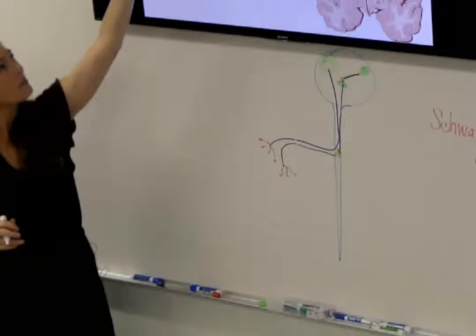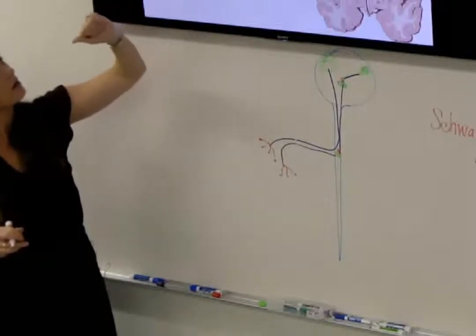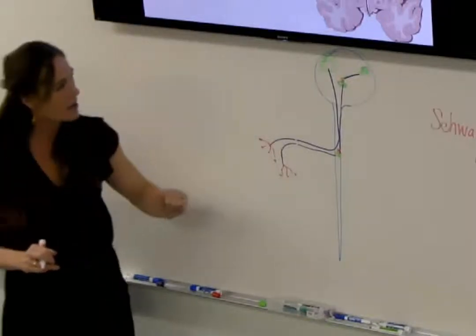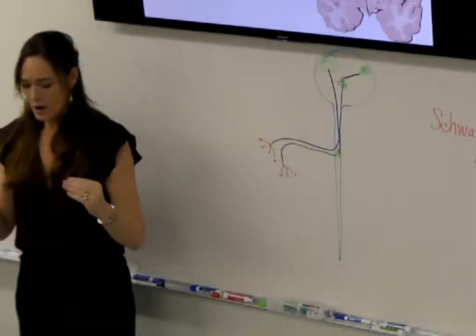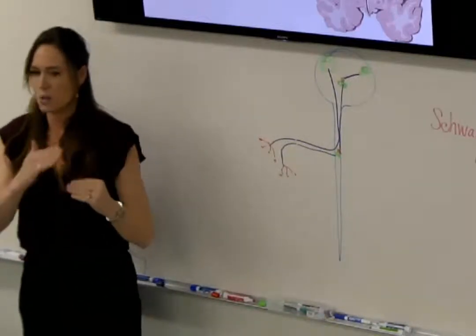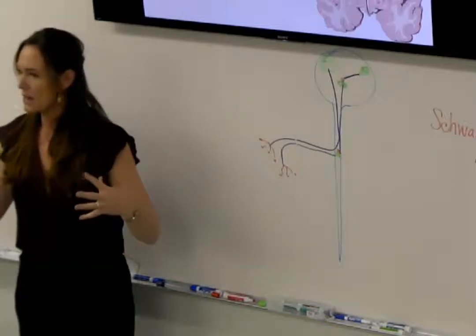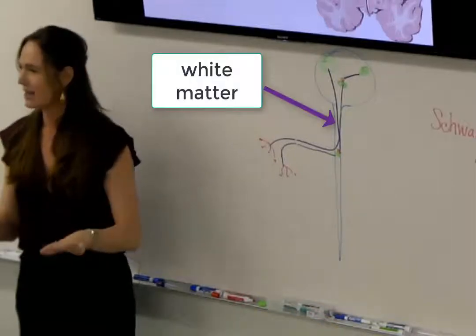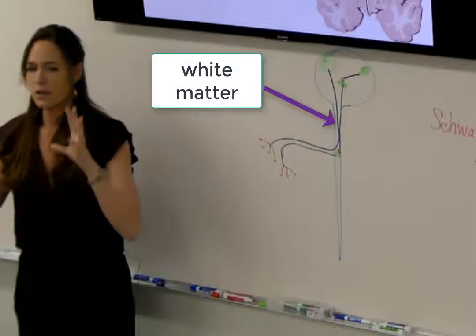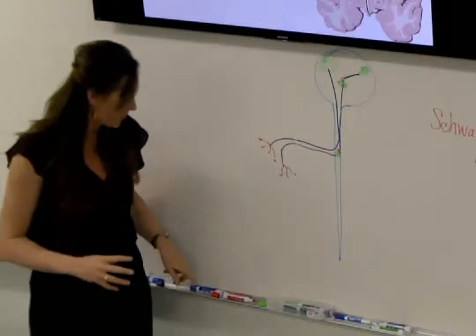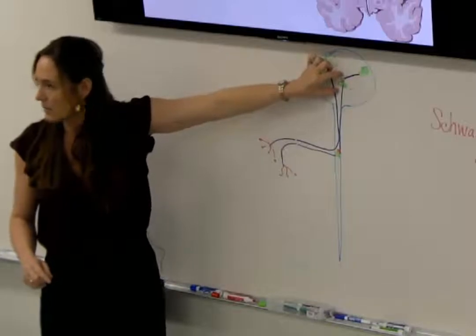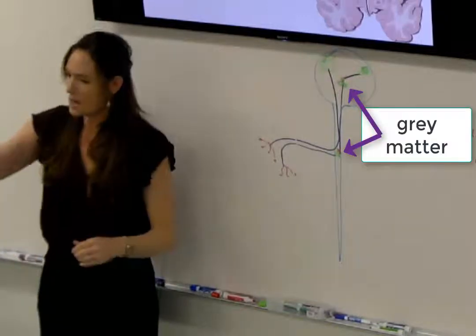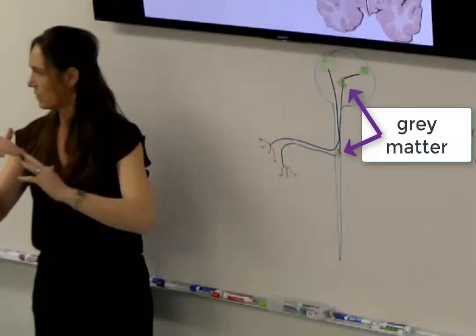White matter, think of as just the wiring. So white matter is just the axons. Gray matter is going to be where the synapse takes place, like where the end of one neuron and the start of the other one is.